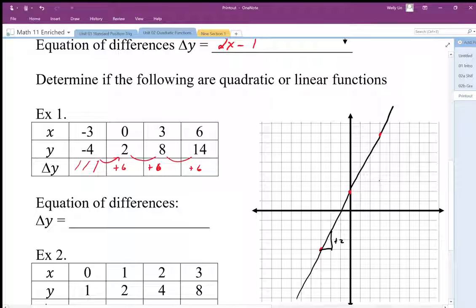It's always going to be plus 2, plus 2, plus 2. And in fact, when we write the equation of the changes, it's just a constant, y equals 6. So going from a linear function, the change is going to be constant. And this is something we've seen before. It's just constant slope. So we can determine if a function is linear or quadratic by just looking at the changes.